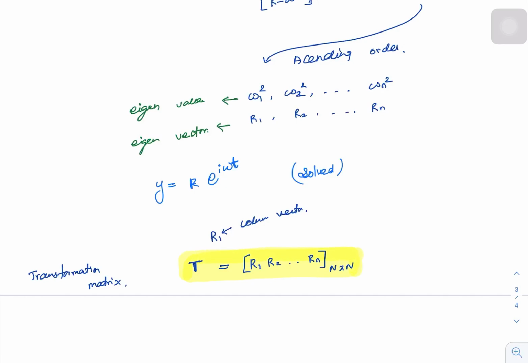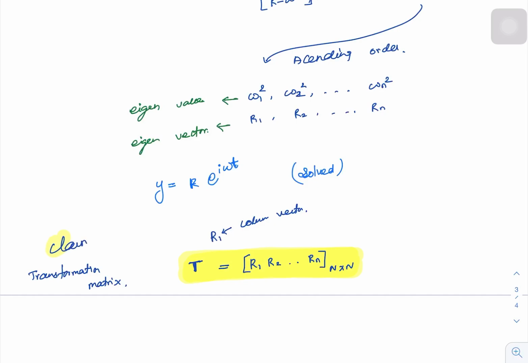Then you can ask that in the previous lecture we developed the condition the T matrix should satisfy. So next we will subject this T matrix to that condition and check whether it satisfies it or not. If it does, then we can claim T is the transformation matrix.